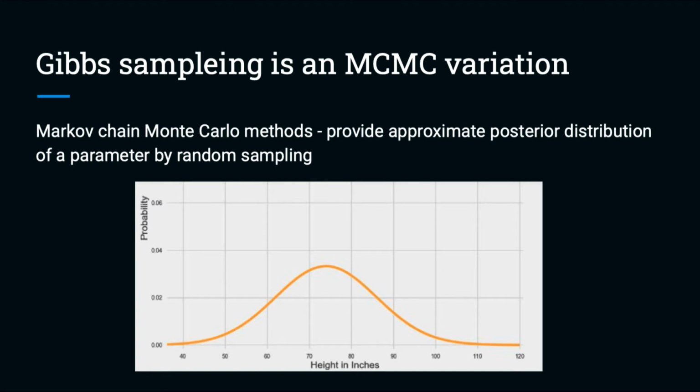Gibbs sampling is a more complex version of this, where we start with many variables at random values. And then iteratively, we hold all variables constant but one and repeatedly sample the data to get the best estimate of that variable. That process will be repeated for each variable over hundreds or thousands of iterations until convergence, until the parameters stabilize.